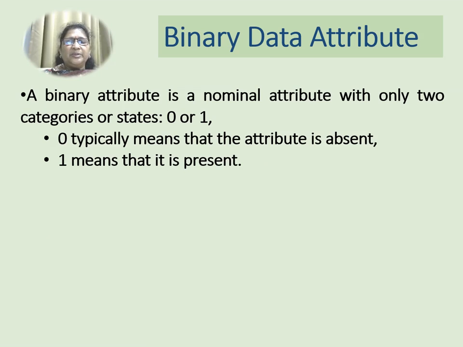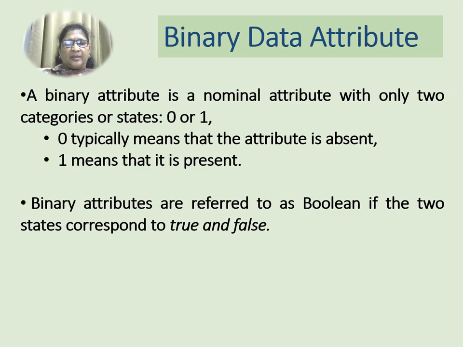A binary data attribute is a nominal attribute with just two categories, like 0 and 1. Typically, 0 means the attribute is absent and 1 means the attribute is present. If we take an example of a medical test, say for COVID-19, then the test could be positive or negative. If it is positive, obviously it is not negative.